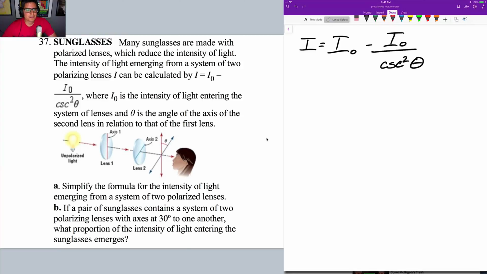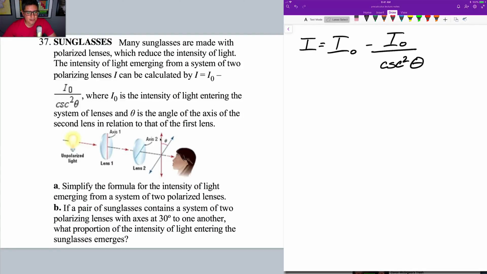Many sunglasses are made with polarized lenses, which reduce the intensity of light. The intensity of light emerging from a system of two polarized lenses, I, can be calculated by I = I sub naught minus I sub naught over cosecant squared theta, where I sub naught is the intensity of light entering the system of lenses, and theta is the angle of the axis of the second lens in relation to that first lens.